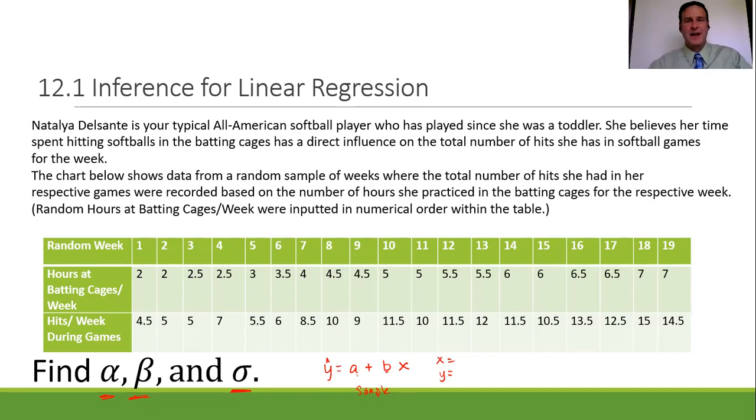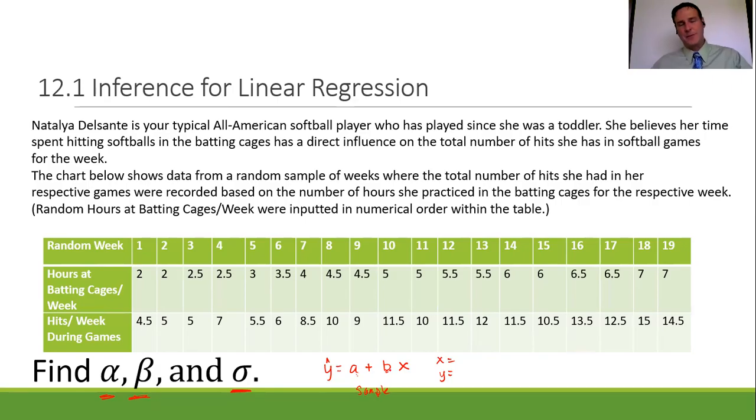Because again, 52 weeks a year times, I don't know, 12, 13, 14 years of play leaves a lot of values for hours of practice and the number of hits per week during her games. Because those are too difficult to find in terms of a population, we use this linear regression equation using an a and a b.